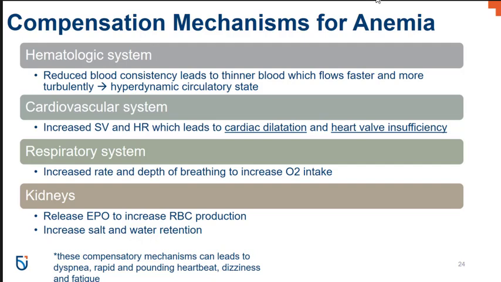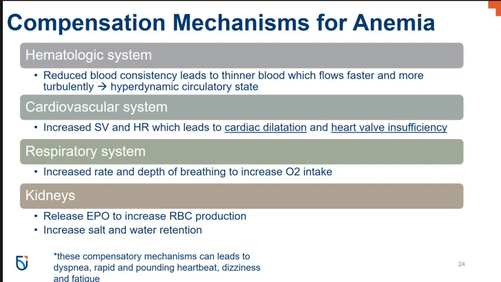It can also lead to heart valve insufficiency. So the heart valves, where blood moves through the different chambers and regions of the heart, might become insufficient, where they allow for the regurgitation or leaking of blood, really because they've been overworked. And the consistency of blood too has changed.